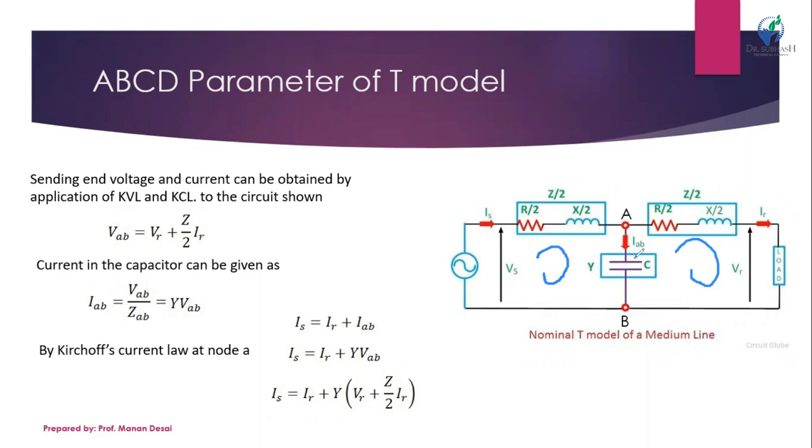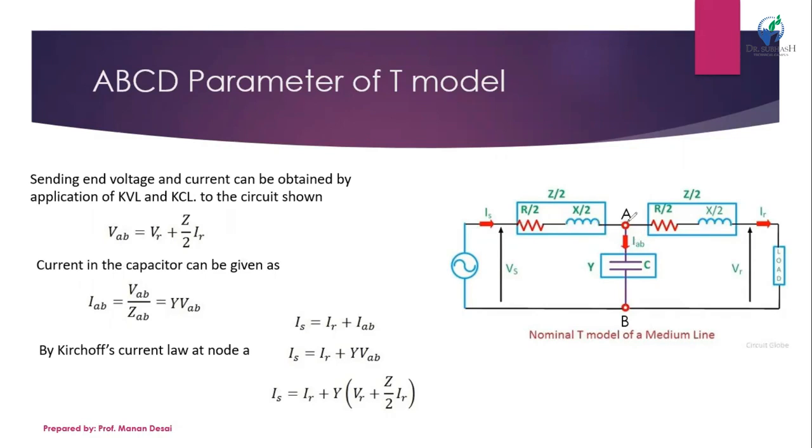Now the voltage between nodes A and B, VAB, is equal to VR plus Z by 2 into IR. The current in the capacitor is IAB.